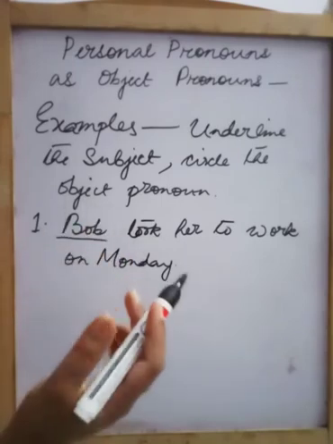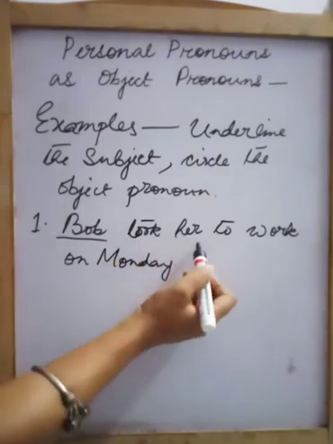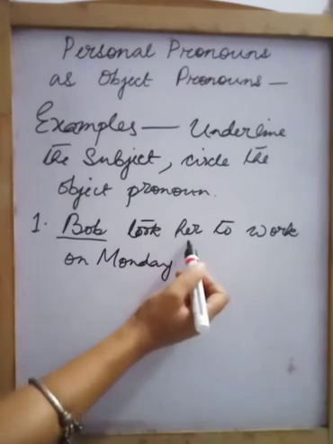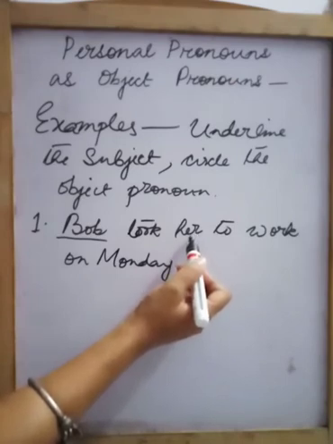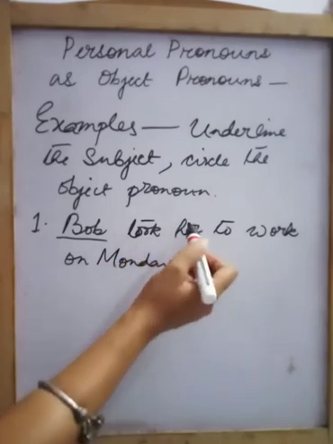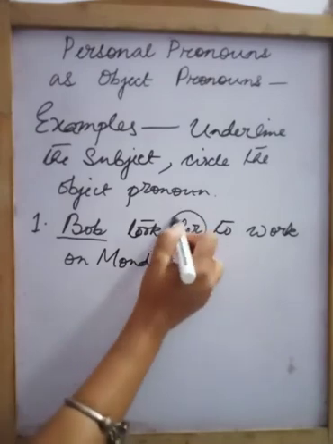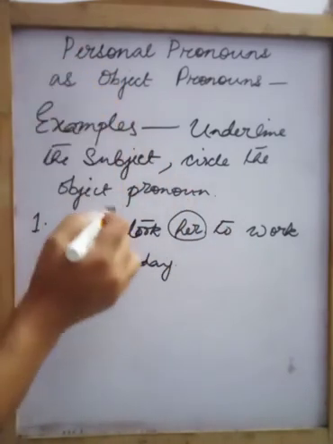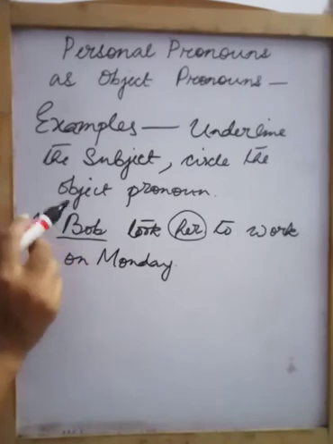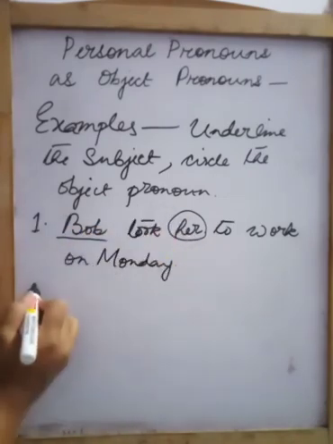Bob took whom to work? Bob took her, because here I am not mentioning anyone's name, otherwise it would have been a noun. So this is not a noun, it is used instead of a noun, a pronoun. Bob took her means took whom? Took her. It is the object. So I will circle it. You remember in the list I had written previously that she will become her. See, object pronoun. Fine, clear?